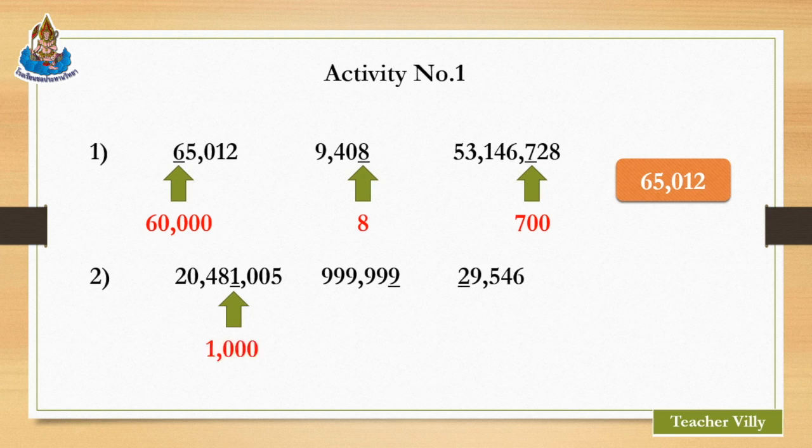It's 1,000. What about the digit 9 in the number 999,999? What is the value of the underlined digit? Correct. It's 9.